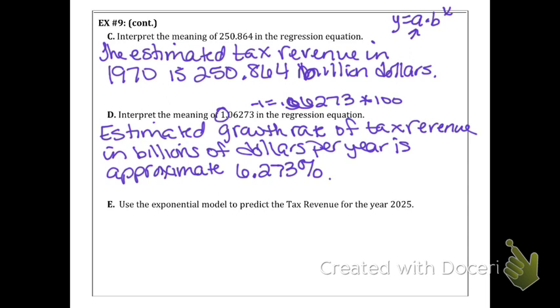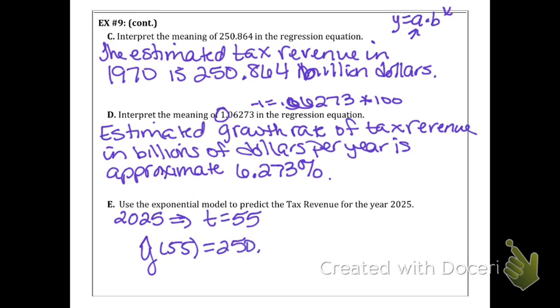Okay. E says use the exponential model to predict the tax revenue for the year 2025. So 2025, if 1970 is year 0, then 2025 is going to be year 55. And so we're just going to plug this into our equation. So the 250.864 times 1.06273 raised to the 55.